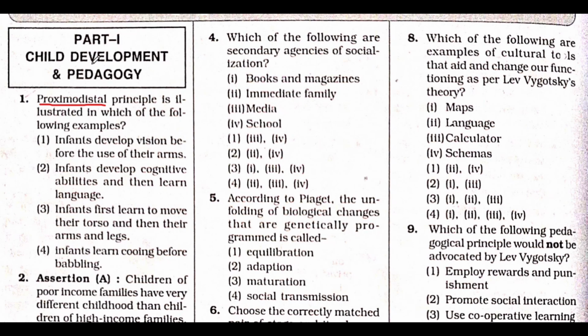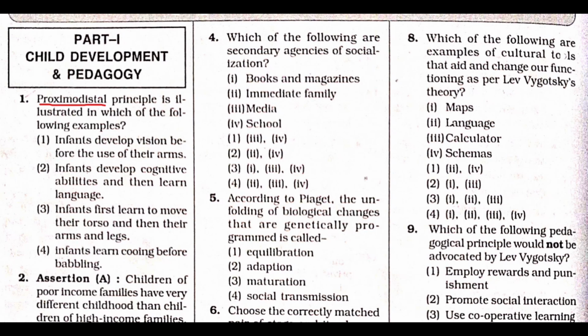Which one do you think is your correct answer here? Before you answer, you should know what we mean by proximo-distal. So what is proximo-distal development? It is a type of development where growth starts at the center of the body and moves towards the peripheries, or the extremities. Which means the development starts from the center of the body, not from the top or bottom.